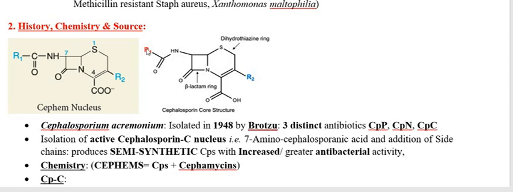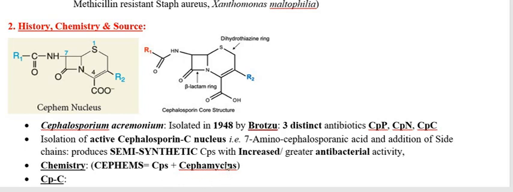When you put this side chain on the 7-aminocephalosporinic acid, there is an increase in antibacterial activity. This is the positive point. Cepham nucleus includes cephalosporin as well as cephamycin, so cepham nucleus is equal to cephalosporin and cephamycin.